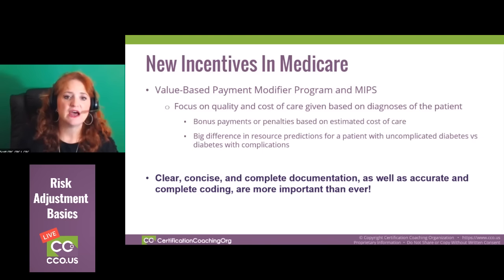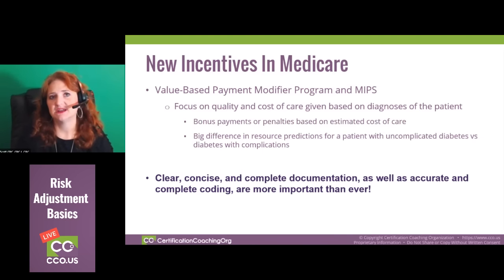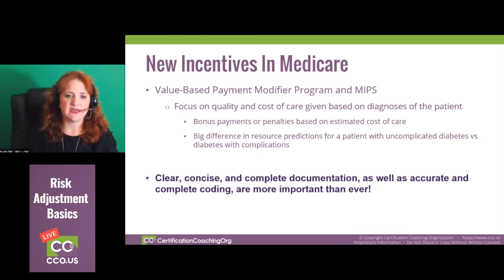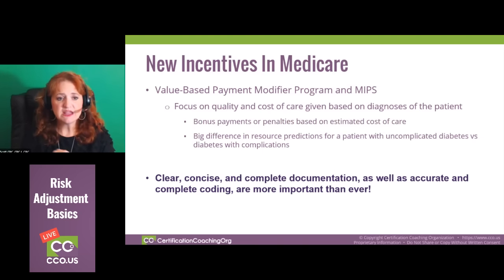Extremely important. Now, there are some new initiatives in Medicare. They've been around for a while, this MIPS, and you'll read more about that in your text, but it's a value-based payment modifier program. And it's going to change a little bit about how we're paid, in that it's quality and also the cost of care given to a patient for a specific diagnosis.